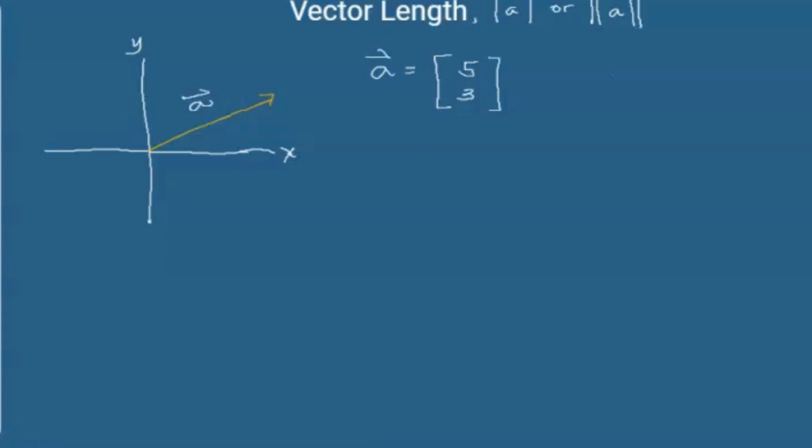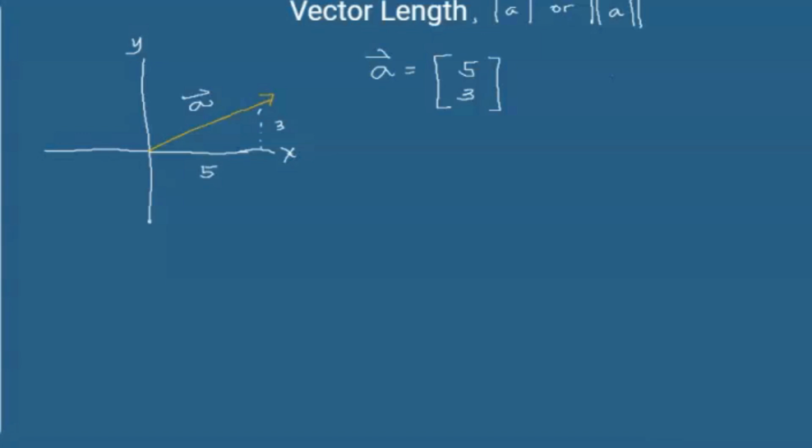Hi everyone! For this video, we're going to solve some problems that calculate vector length and identify the vector between 2 points. So let's start with our first example with vector A, where we have the x component of 5 and y component of 3.